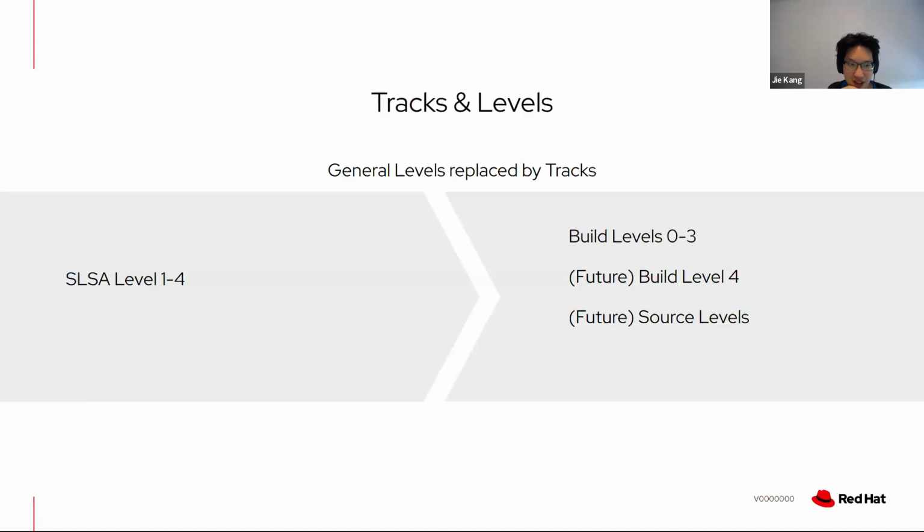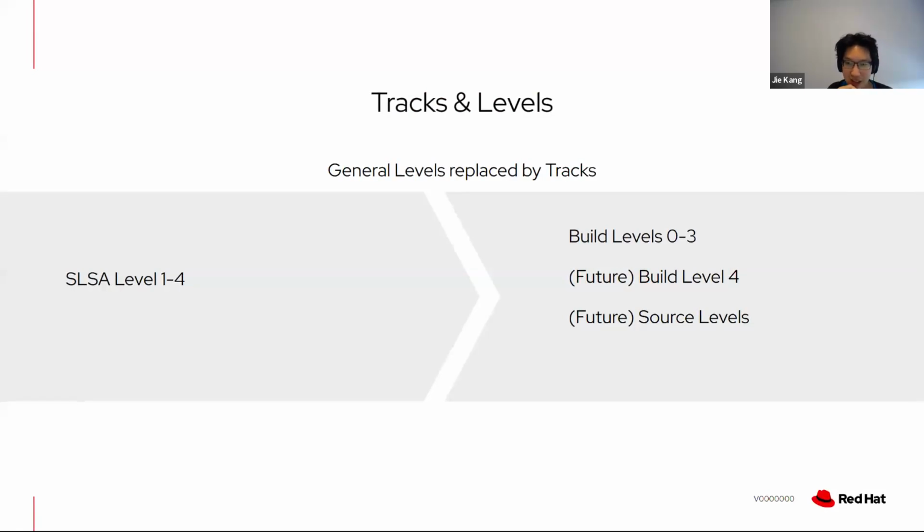So previously, SLSA had four different levels that covered increasing difficulty, I suppose, or increasing strength of the security of a project and the supply chain and its artifacts. And each of those levels had details of the requirements needed there. And they've split that out now into separate tracks that focus on a specific part of the supply chain.